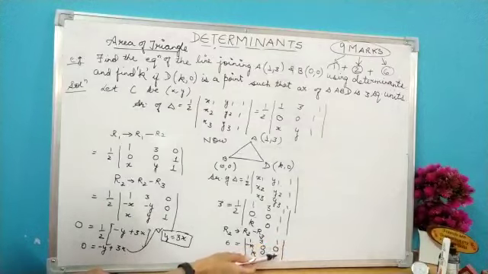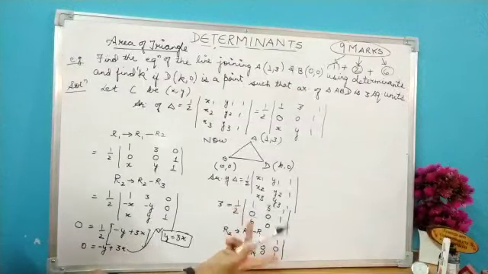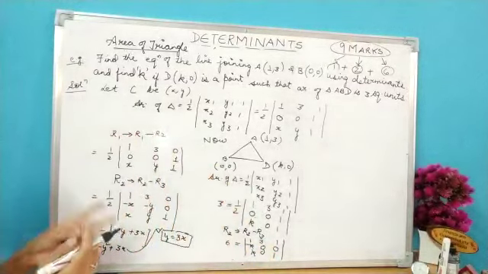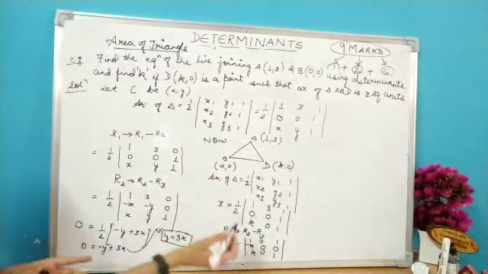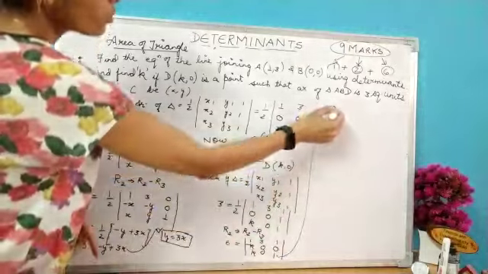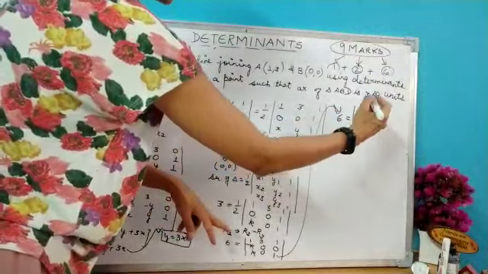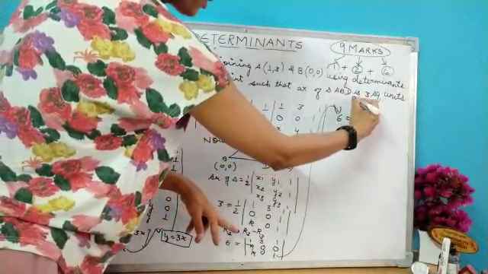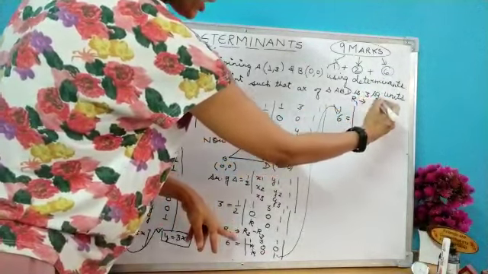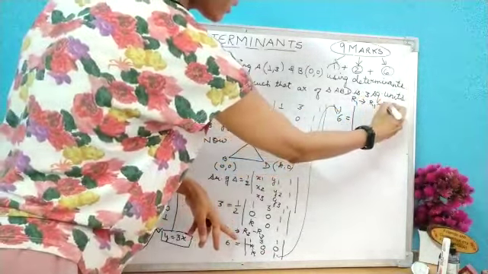So again I can do R1 minus R3. I am trying to convert any of the two rows or any of the two elements of a row or column as 0. So let's continue it. So it will give me 6 equals. Now I am performing operation in R1 as R1 minus R3.